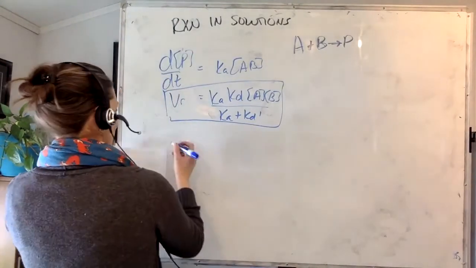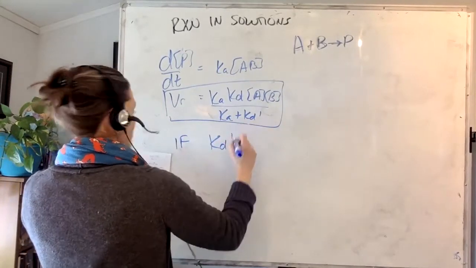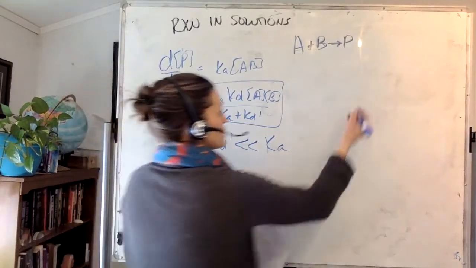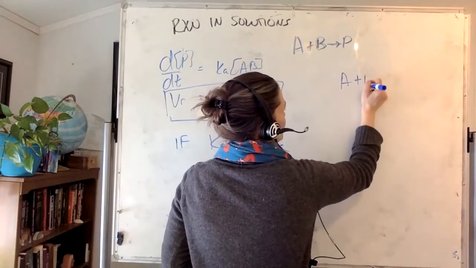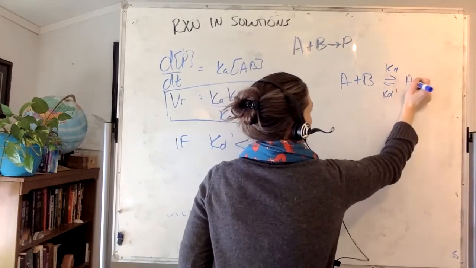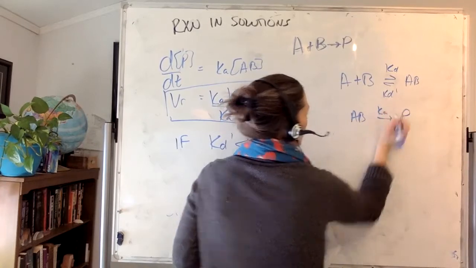So for diffusion controlled, if Kd prime, this value, is much, much less than Ka, what this means is we've got A plus B, Kd, Kd prime, AB, and AB goes to products for Ka.